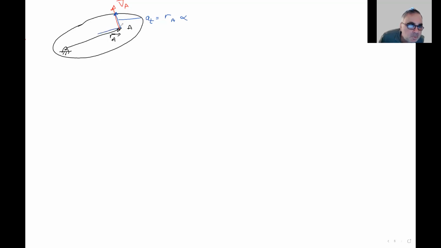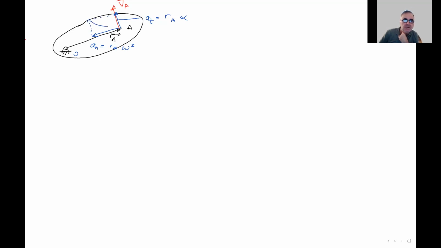And it has a normal component, which is RA times omega squared, and it's directed towards point O. And the real acceleration, vectorial acceleration of point A, is this.